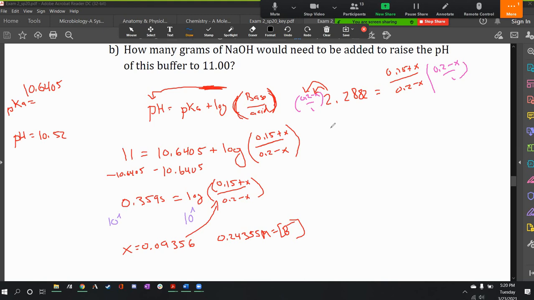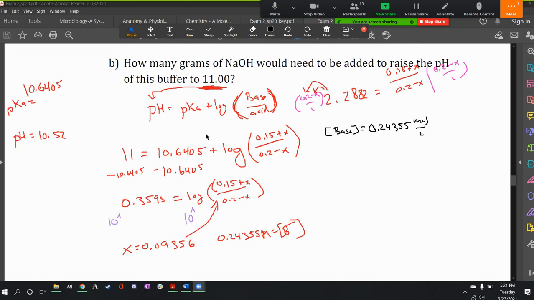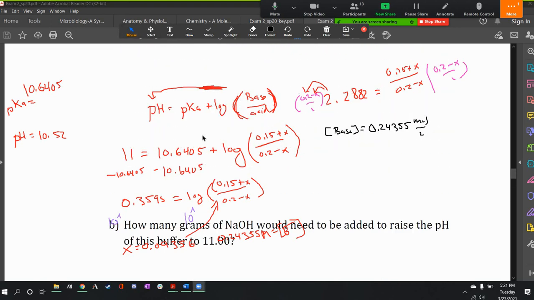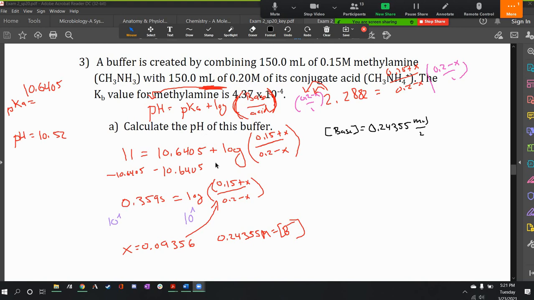Okay. So if we want a concentration of base to be equal to 0.24355 moles per liter, how many grams of NaOH do we need to add to do that? So, okay, good question. Let's figure out how many.